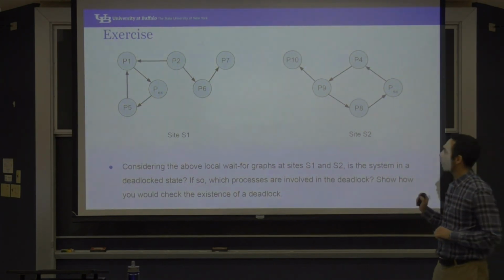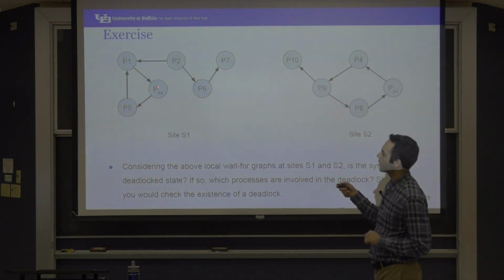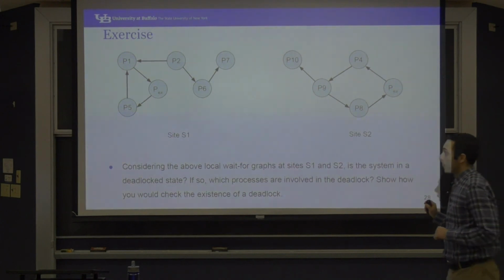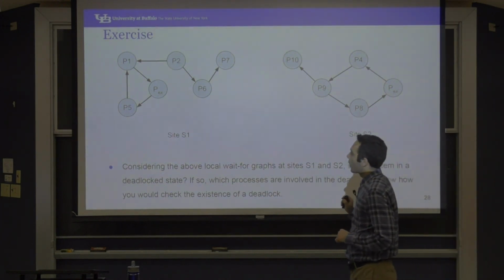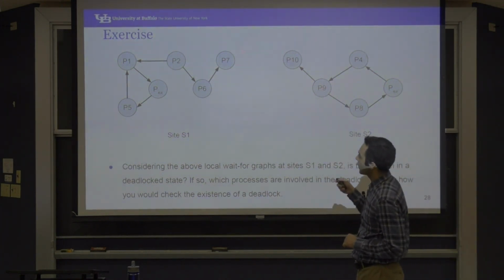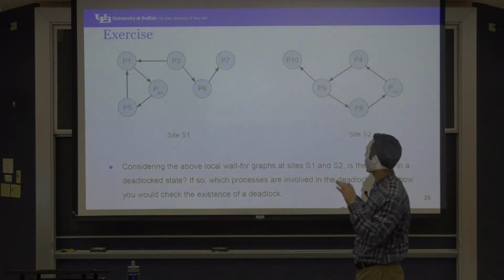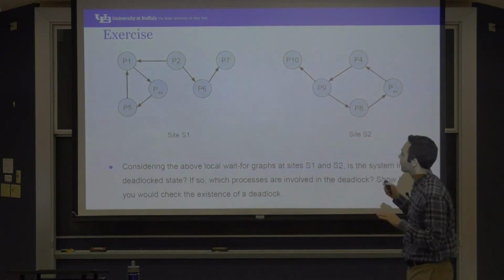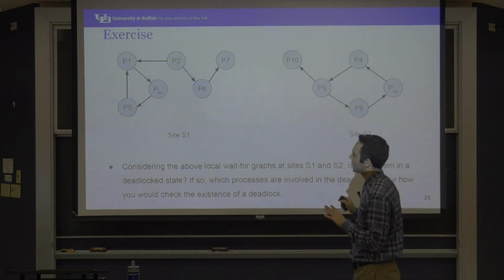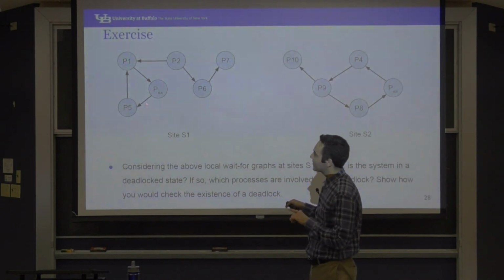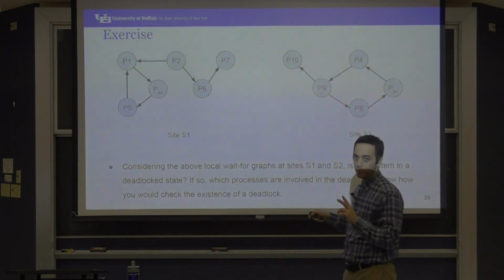Now, each of these sites can detect a cycle with the PX, right? This one and this one. Again, the other parts, all these nodes and edges, don't matter anymore. What matters is that P1 now detects the cycle with a PX, which is this, and sends this information to site 2.